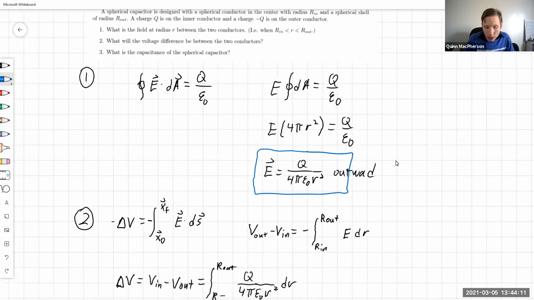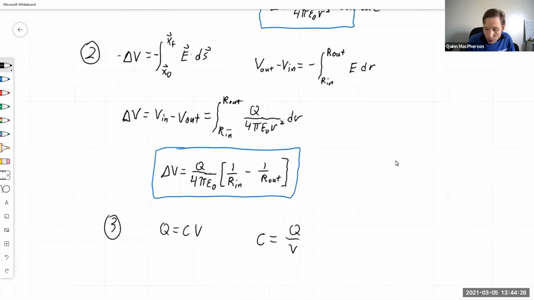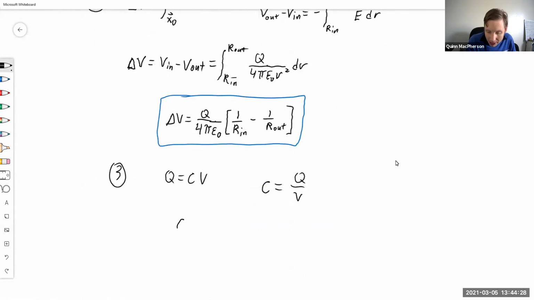So number 3, by definition, Q equals CV, or the definition of capacitance is the charge per voltage. So we can say the capacitance of this capacitor. Now, this isn't a parallel plate capacitor like the ones we're used to. This is a spherical capacitor, but it's kind of like a parallel plate capacitor. You have two conductors that are separated by distance.